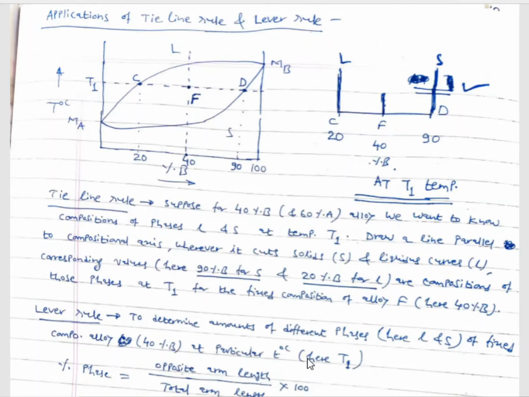So the composition of liquid at temperature T1 for the 40% B alloy will be 20% B, and solid of composition 90% B.